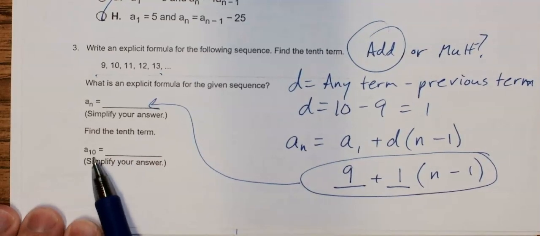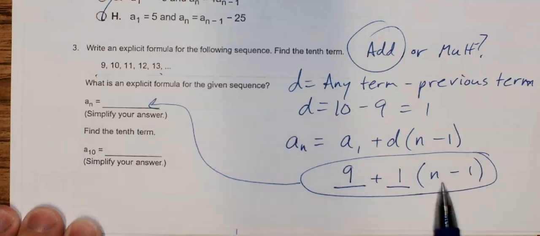Abbott, what do you think we should plug in to find the 10th term? Any thoughts? What should I put in here for n to find the 10th term?